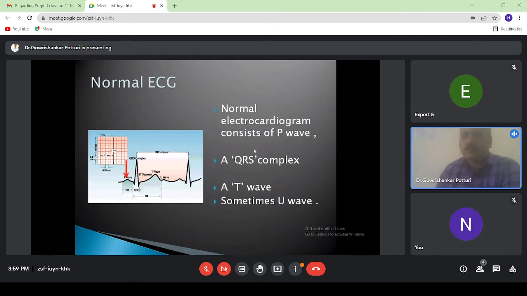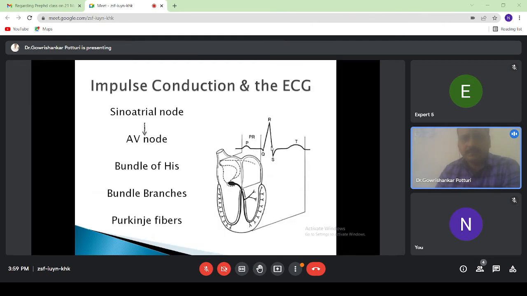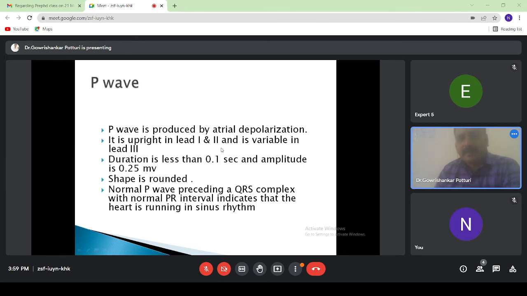So a P wave is always a positive deflection. It is above the isoelectric line. It is always a positive wave in lead 1 and 2, and it can be variable in lead 3. In lead 3 it can be a negative wave or a positive wave, but it is mandatory that in lead 1 and lead 2 it should always be upright.